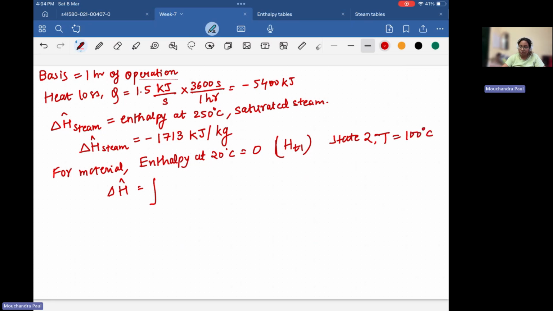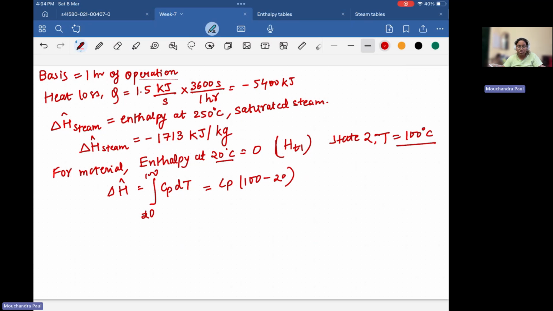Okay, this is state 2, this is state 1. So the integral from 20 to 100 of Cp dT. Okay, this is the change in enthalpy. We know the value of Cp, and the net change in temperature is 80.